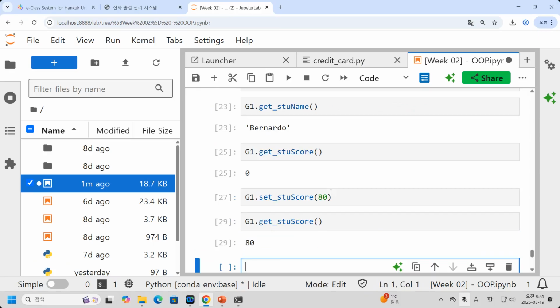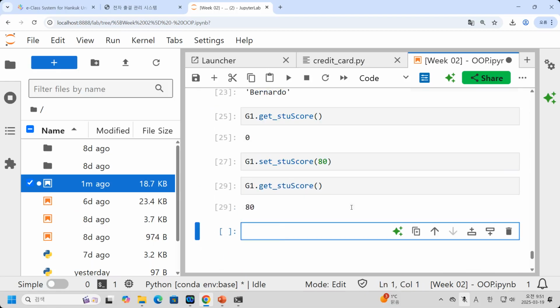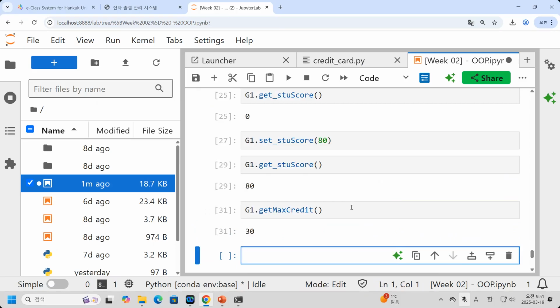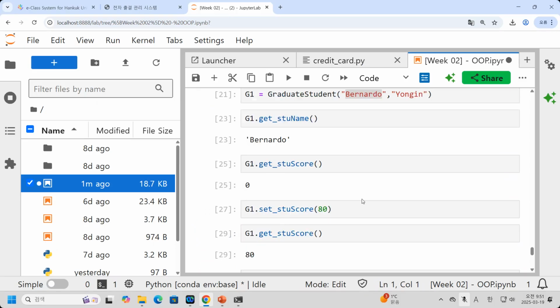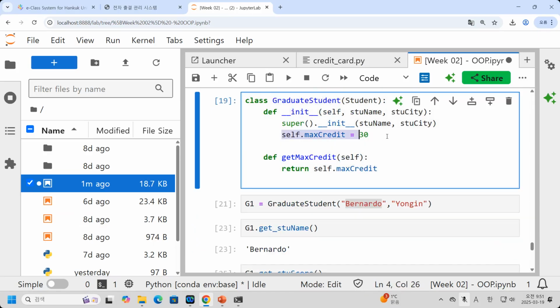So all properties from the student are inherited by the graduate student. And if I check G1 get maximum credit, then I know that the maximum credit is 30. Why? Because there is a variable, the maximum credit is 30.